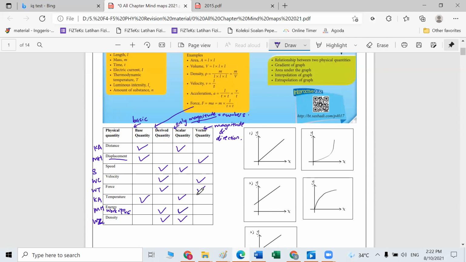Then it is scalar. We no need to count the direction. Energy acts in all directions. Displacement is the same as distance, S and S. Speed is V and V, but one is scalar, one is vector. Both of them are derived, but speed is scalar, velocity is vector.